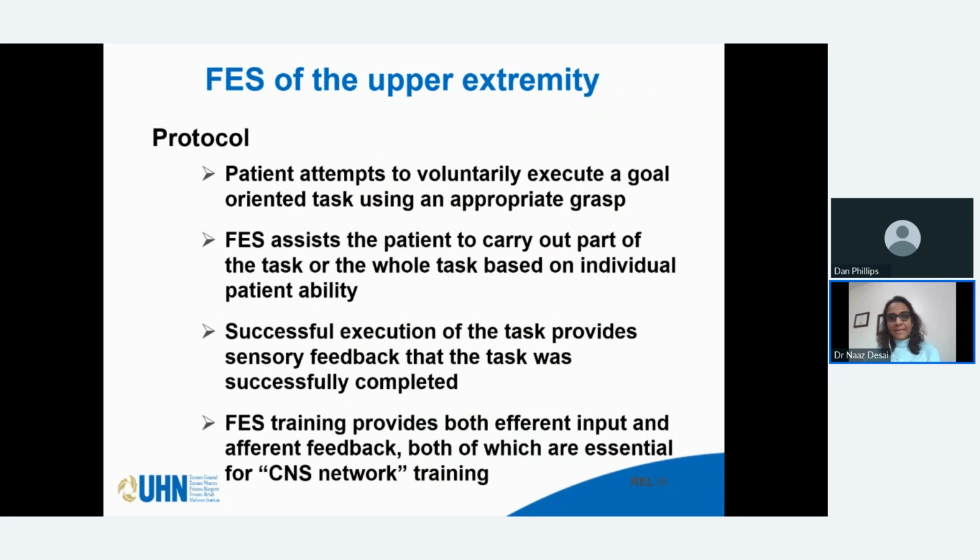What FES does is, once the therapist detects that the patient is attempting to execute the movement but is unable to do the required movement, FES assists the patient to carry out part of the task or the whole task based on individual patient ability. Successful execution of the task provides sensory feedback that the task was successfully completed. So FES training provides both efferent input and afferent feedback, both of which are essential for CNS network training.